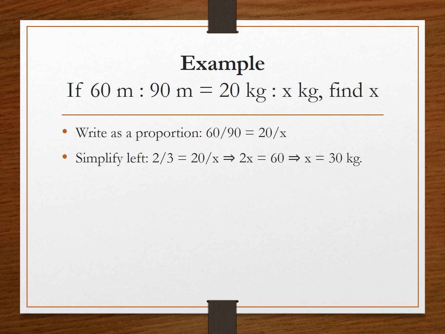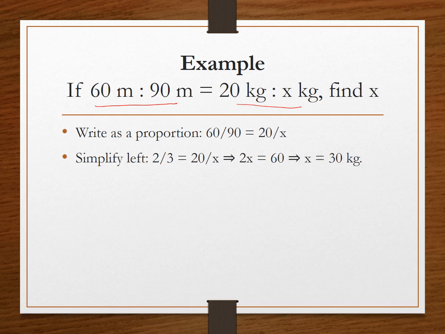First example is if 60 meter ratio 90 meter is equal to 20 kg ratio x kg, find x. Students, here we have two ratios. First 60 meter ratio 90 meter and second ratio is 20 kg ratio x kg. These two ratios are in proportion. So we can write these two ratios in fraction as 60 over 90 is equal to 20 over x.